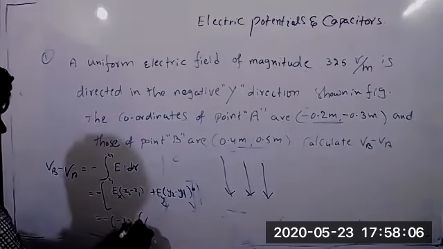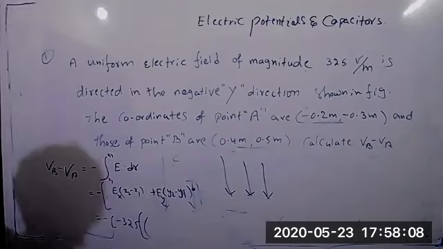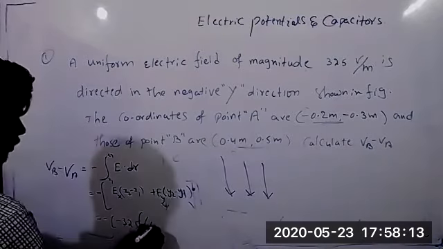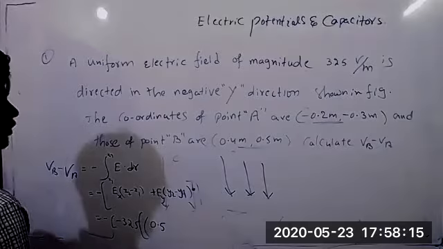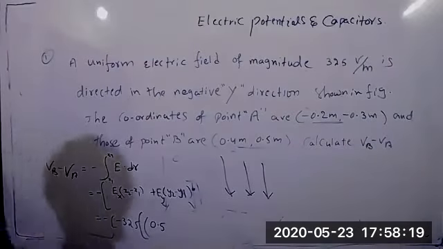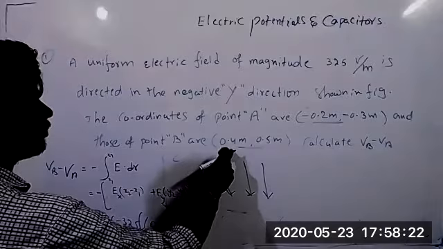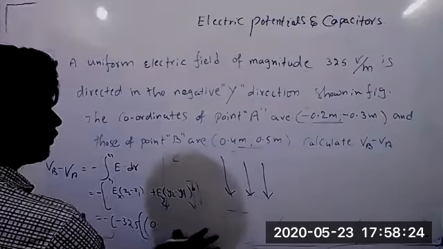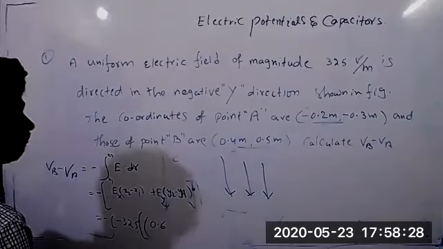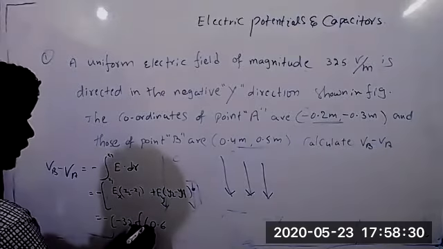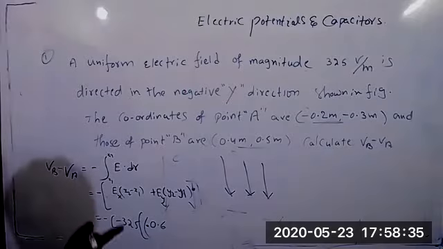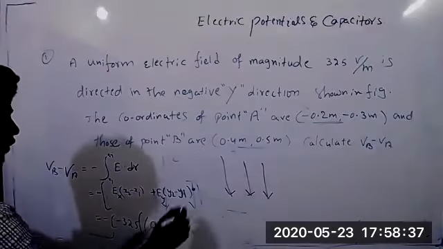So it will be X2 minus X1: 0.4 minus of minus 0.2, so it becomes plus 0.6. X2 minus X1.